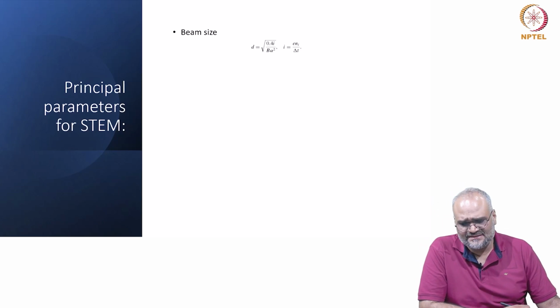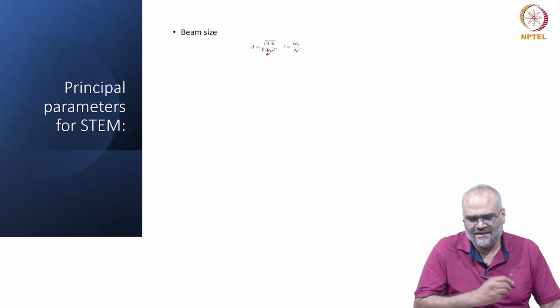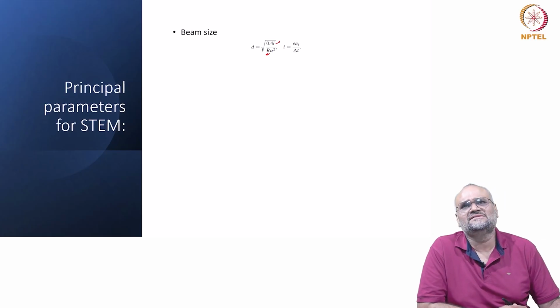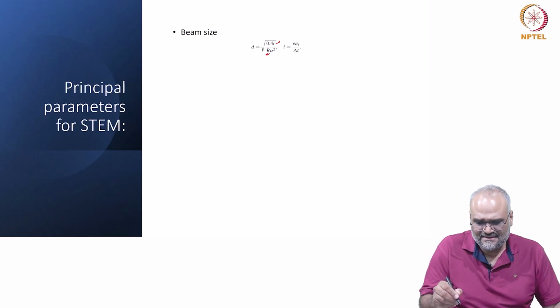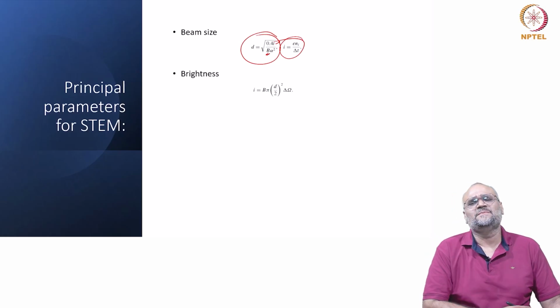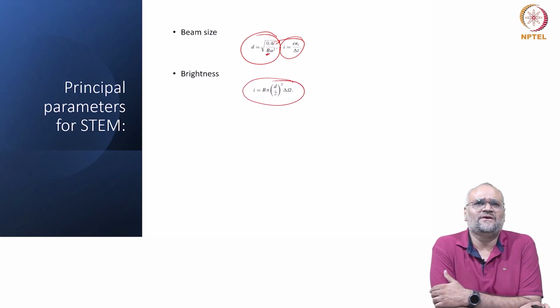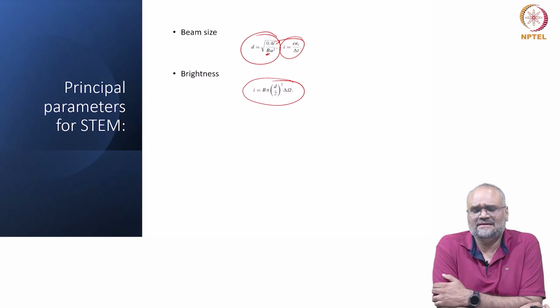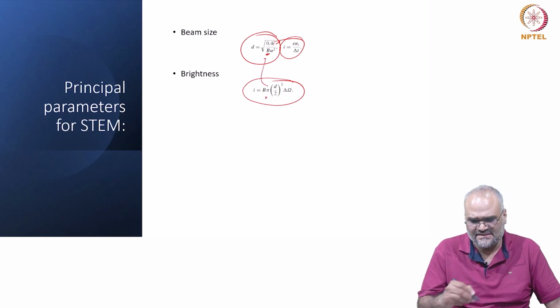So the beam size, if I know the brightness written by capital B here, and if I is the flux of the electrons and alpha is the convergence angle, I can write it with an expression of this sort, where the current density can be measured like this, and the brightness in terms of the solid angle can be measured from the beam current emanating from the tip of the emitter, and from here I can compute the brightness value and use this here.